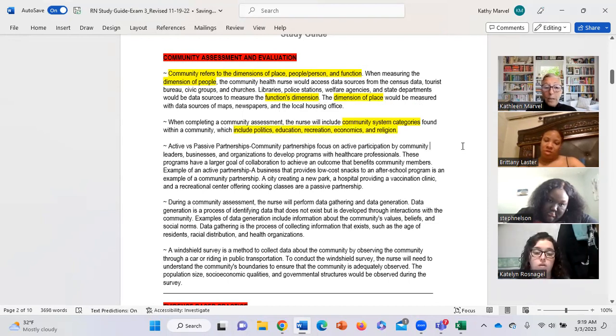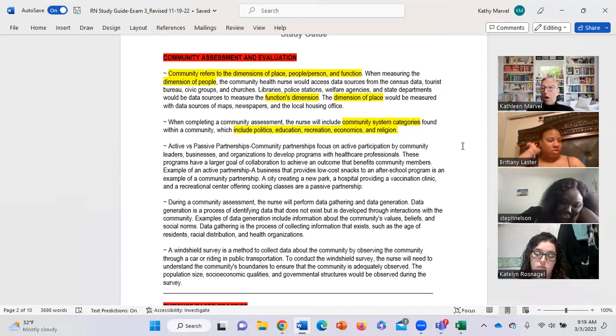So all communities are made up of these 5 system categories, right? Every community has politics, education, some kind of recreation, economic function, religion. So maybe you're asked a question about how many systems categories are there for community? 5.